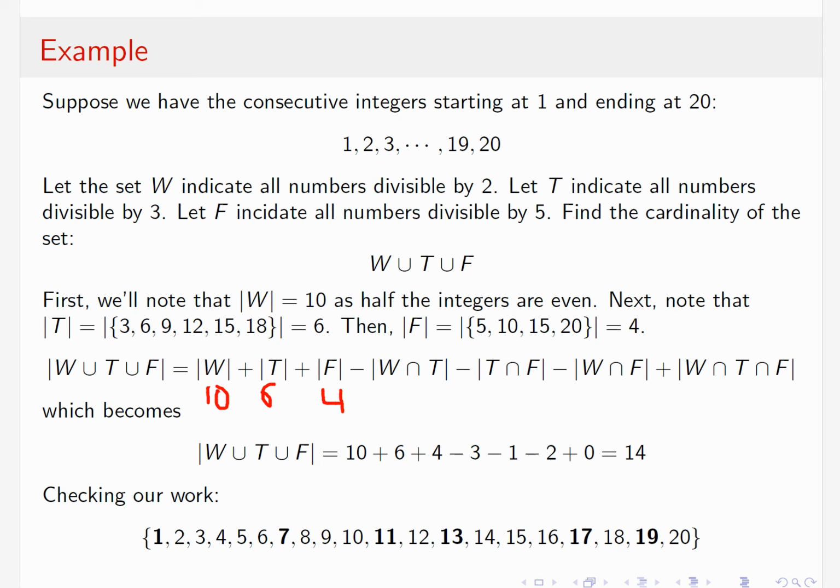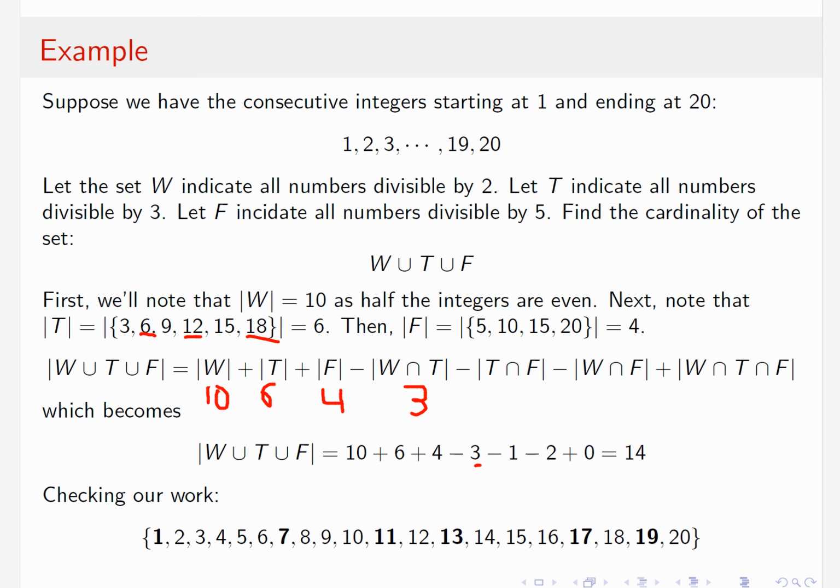And it's like, look, do we have all 20? Well, no, we don't. Why? Well, if you look, I have 3 even numbers in the set T, so I have to subtract those 3 out, and you can see it here.